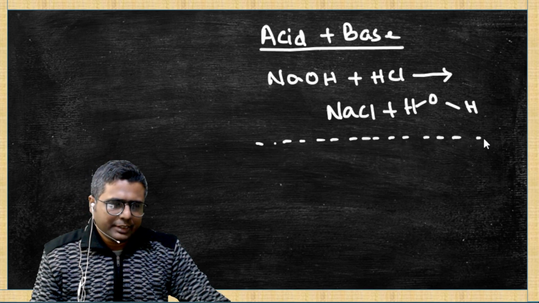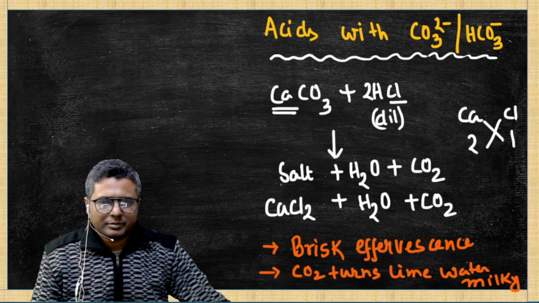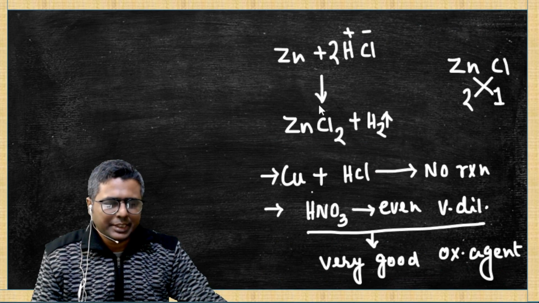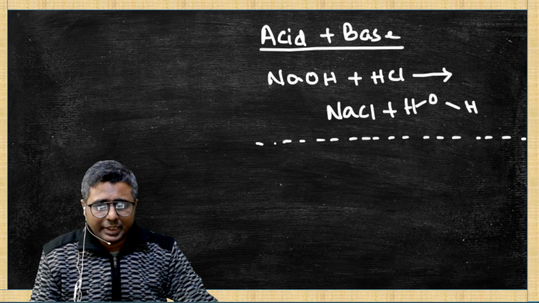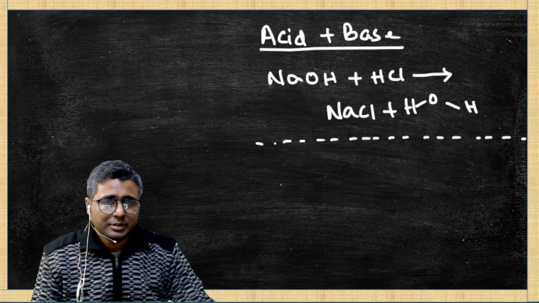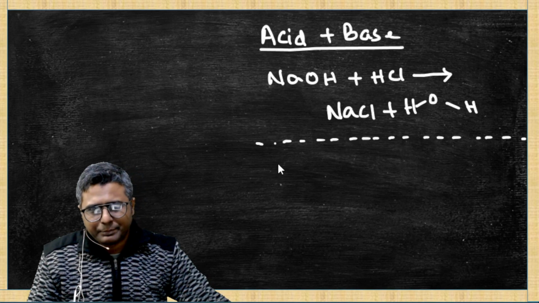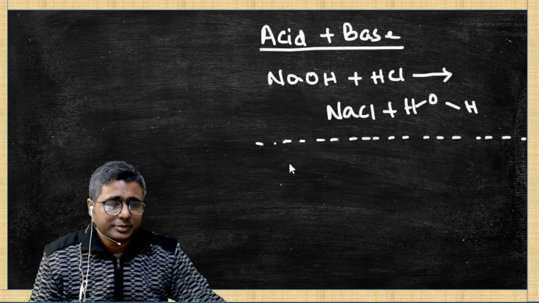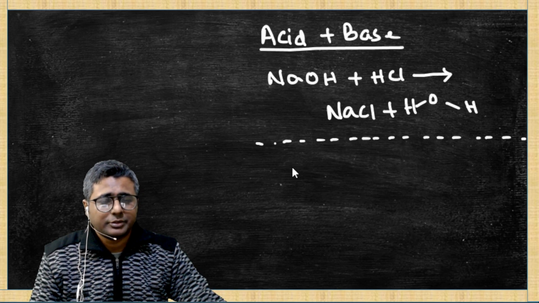Now in the first part, we knew that when a metal reacts with acid, it gives you hydrogen. But there are certain metals which give hydrogen with base also. Some people call them amphoteric metals, because these metals react with acids to give you salt plus hydrogen, and also react with base to give you salt plus hydrogen.